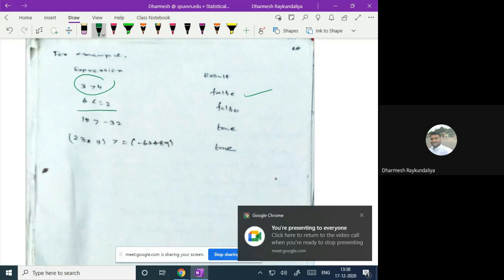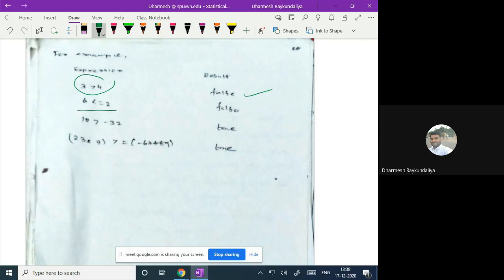Whether 6 is less than or equal to 2, again it is false. 10 is greater than minus 32. Yes, 10 is greater than minus 32, and the result is true. Now, if you are multiplying 23 with 7, again if I wish to compare two expressions, because I have used the brackets, it will perform this first and then this.